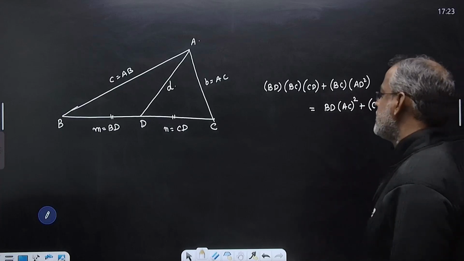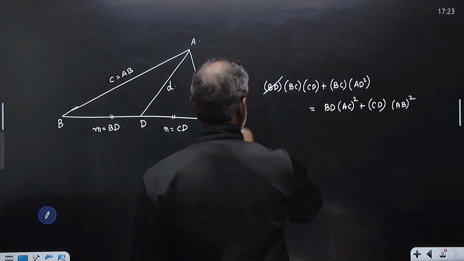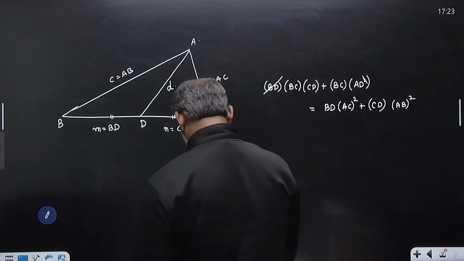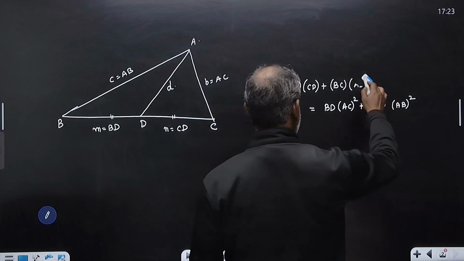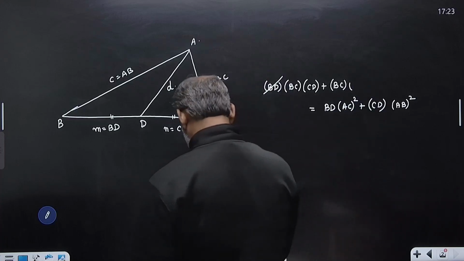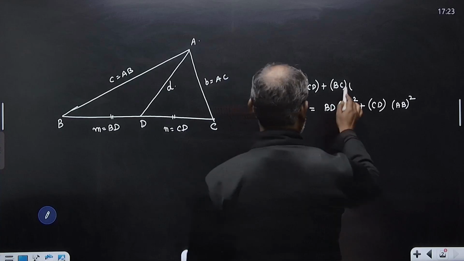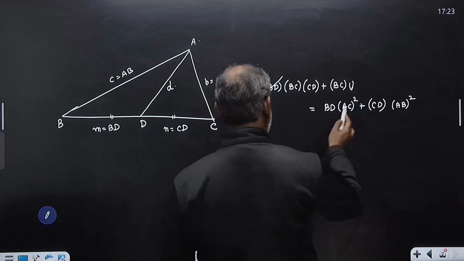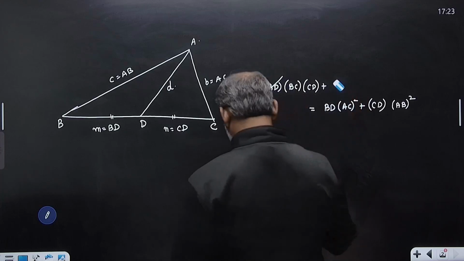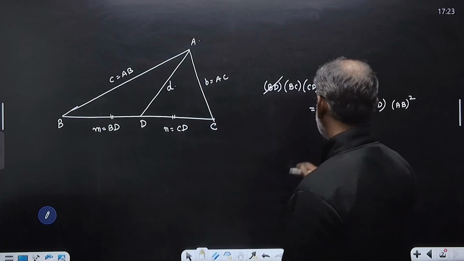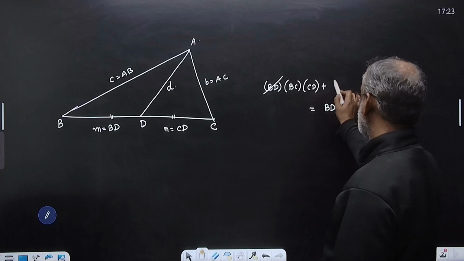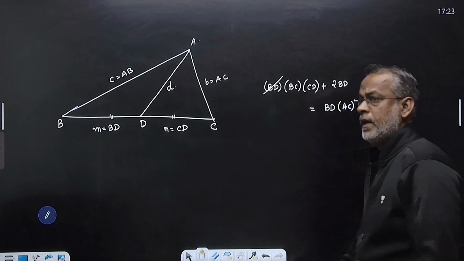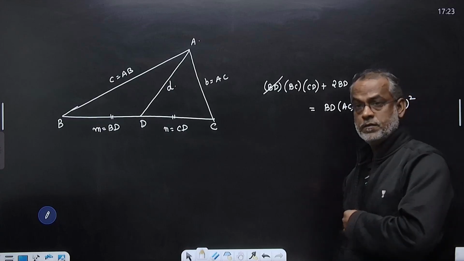So now BD and CD are all equal. BC was 2BD, so you get MAN plus DAD.